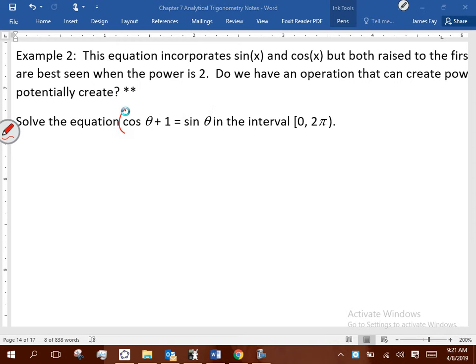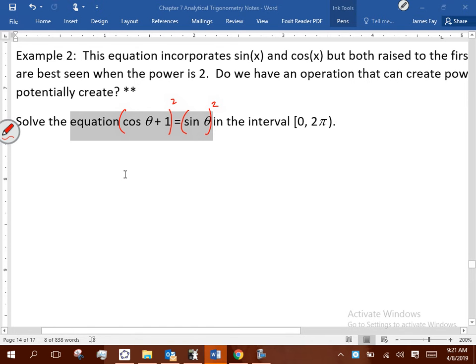Well, can't we square both sides, and won't that allow that to happen? So we go through, and when I square the left-hand side, I get cosine squared theta plus 2 cosine theta plus 1, which is then equal to sine squared theta.